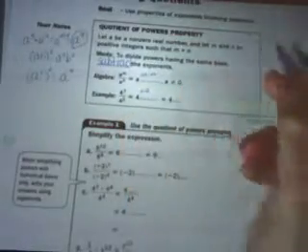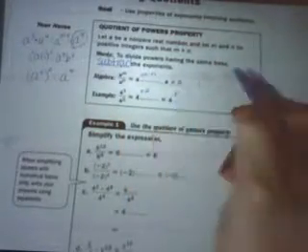Using numbers, I have 4 to the 7th divided by 4 squared. I am dividing like bases, so I'm going to subtract the exponents. So that's going to become 4 to the 7 minus 2, which gives me 4 to the 5th.